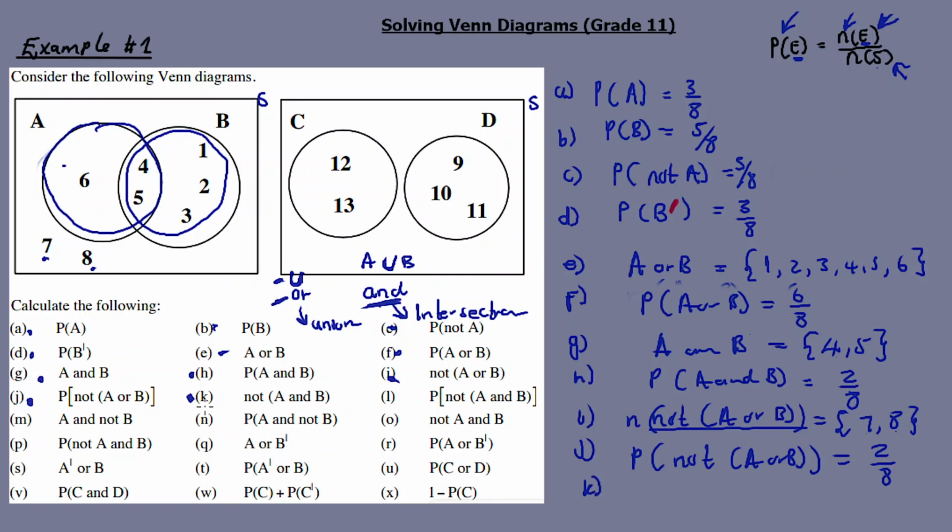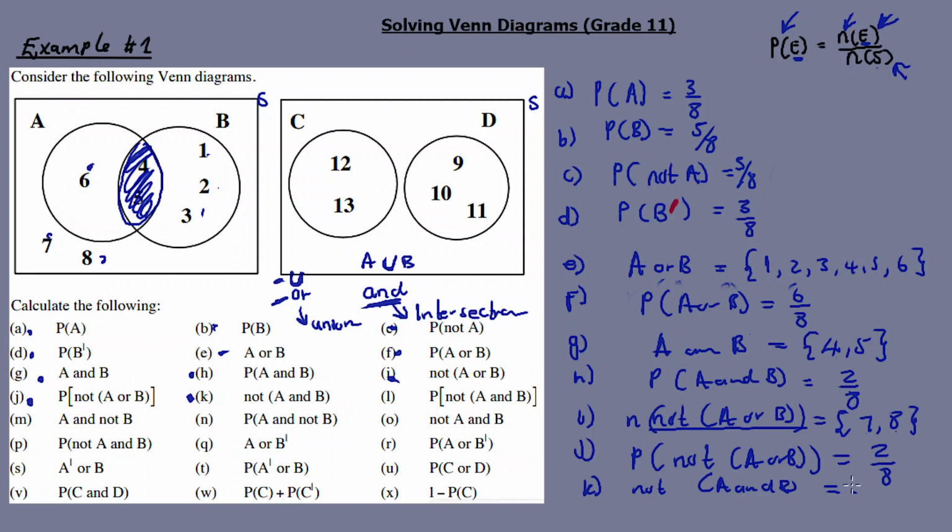K, this is K, not A and B. So not A and B, let's erase again. So not A and B, now A and B. Not A and B, it's everything outside the intersection. So it's 1, 2, 3, 6, 7, 8.